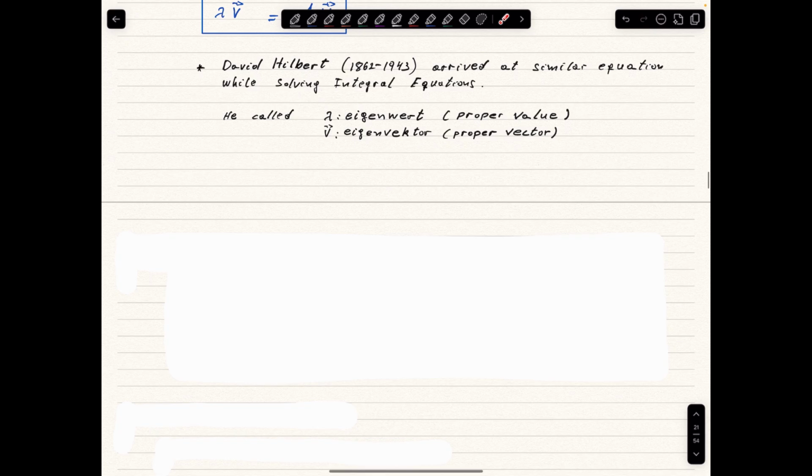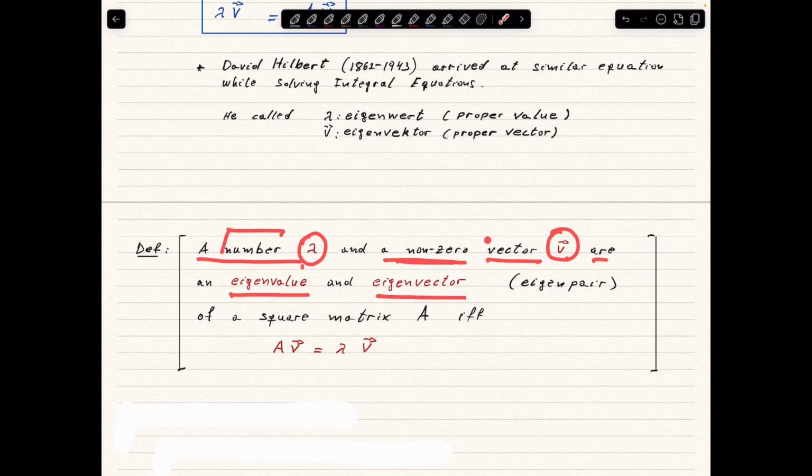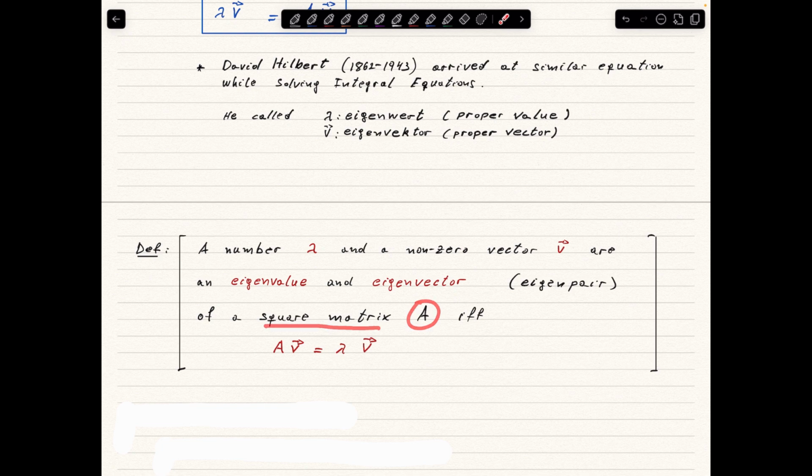Now maybe it's a good idea to introduce the precise definition of an eigenvalue and eigenvector of a matrix. We are going to say that a number lambda and a non-zero vector v, recall v has to be non-zero, are the eigenvalue and the eigenvector of a square matrix A. Notice that the matrix has to be square.